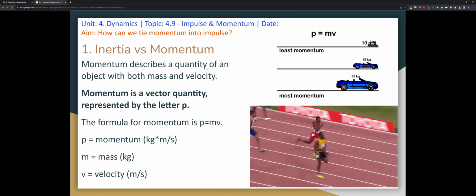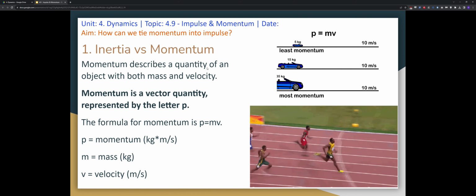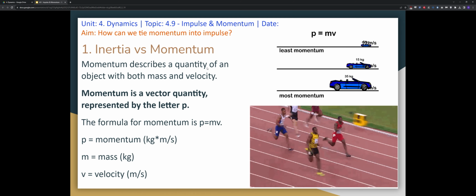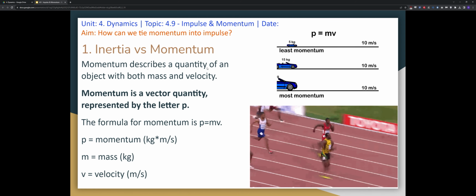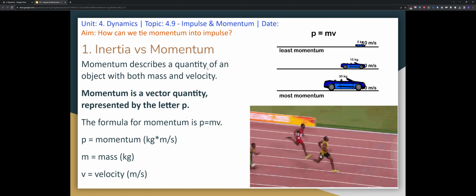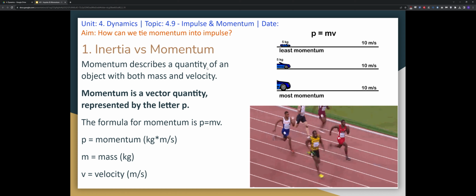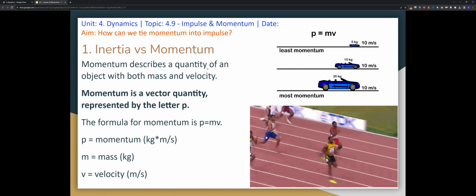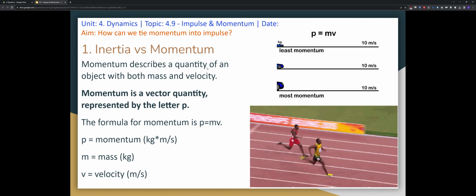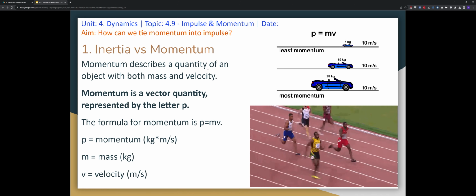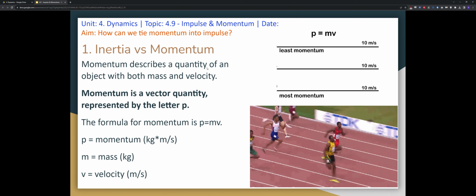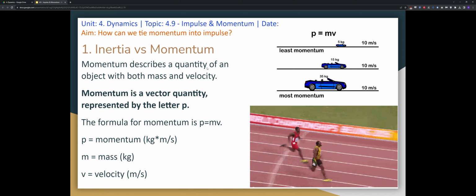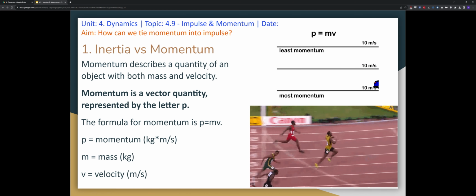But now we get into something called momentum, because momentum is essentially a description of both. Rather, momentum is the property of an object that has both mass and velocity. So momentum is given by the formula P is equal to m times v.